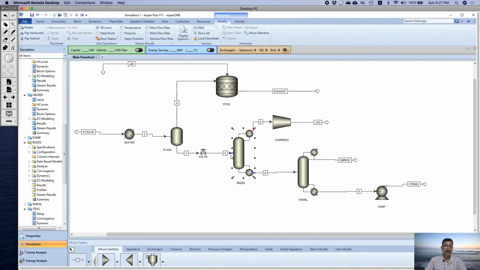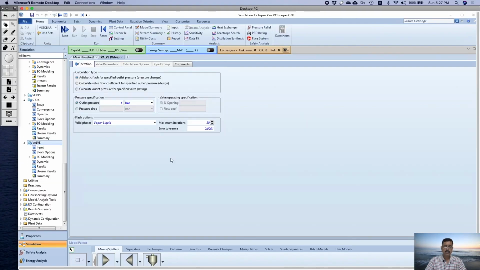Aspen is doing the calculation as per the information it is given, but it is giving you the warning also that unless you fix this warning, your design may be wrong. So we go back to 2 bar pressure and run the simulation.